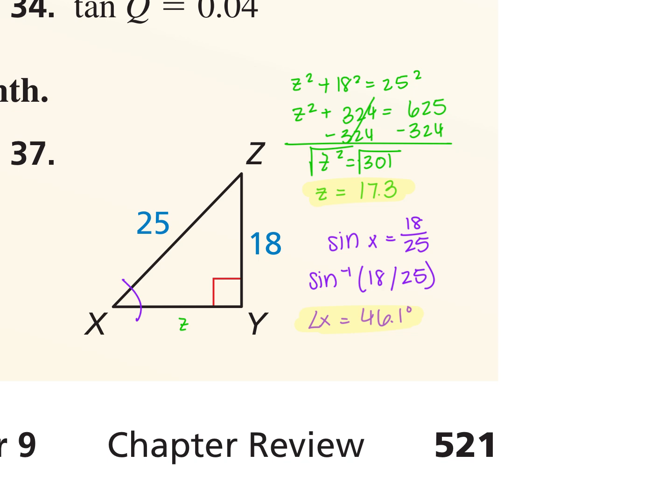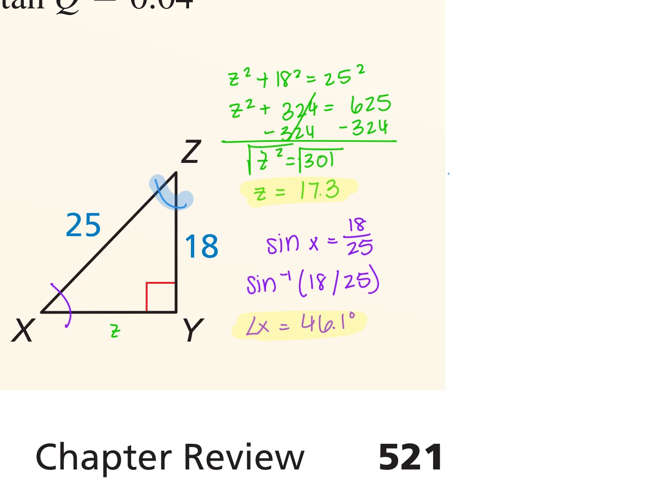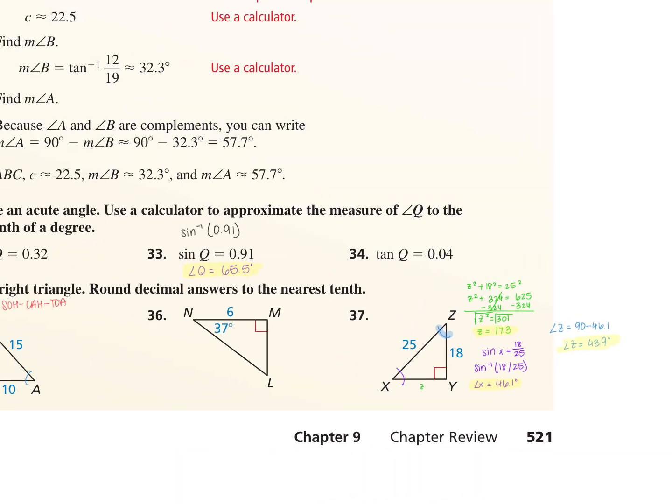And then solving for my remaining angle, because it's a right triangle, I just have to subtract. So angle z equals 90 minus 46.1. Angle z is going to equal 43.9 degrees, and that's it. Please study. You guys have 2 extra reviews on Canvas if you need it.